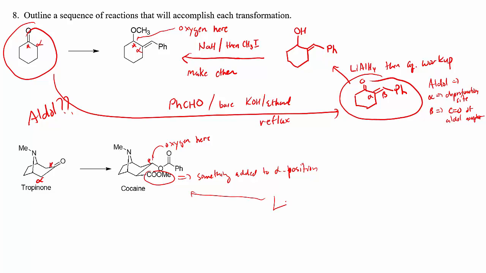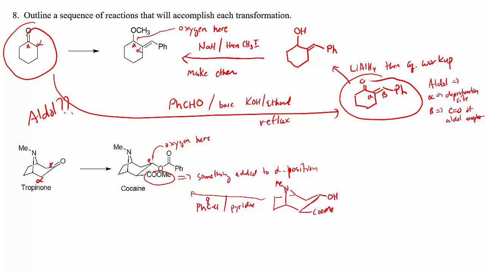Okay, so in the second to last step, let's just take the alcohol and turn it into the ester. The mildest way to do that is by the acid chloride and pyridine.